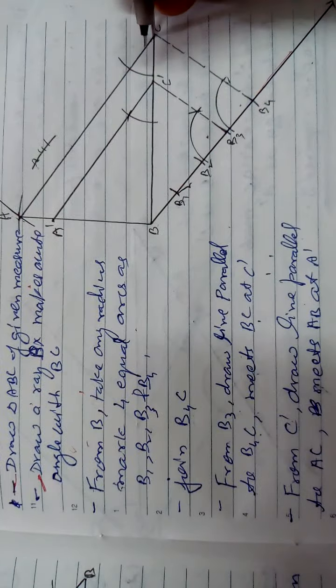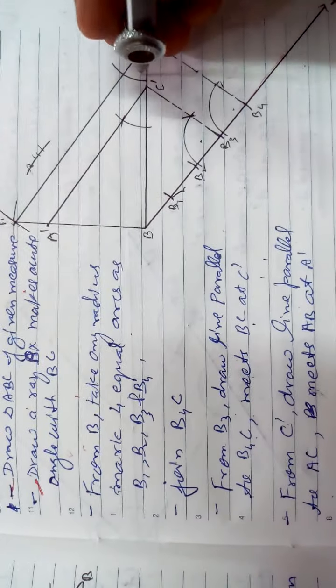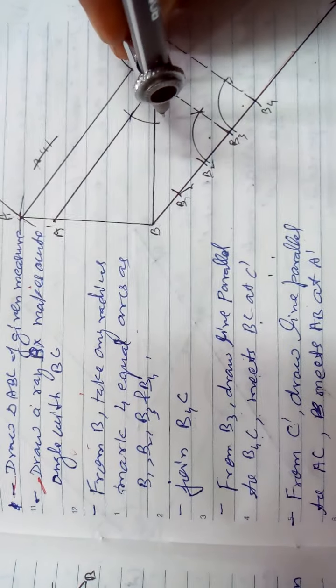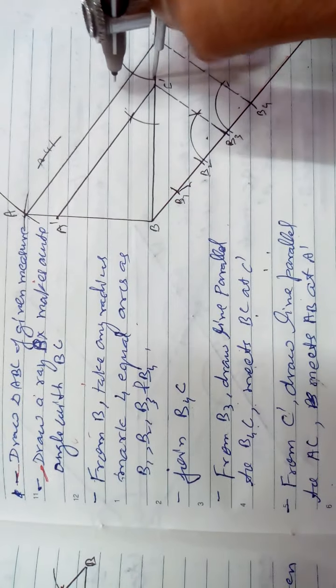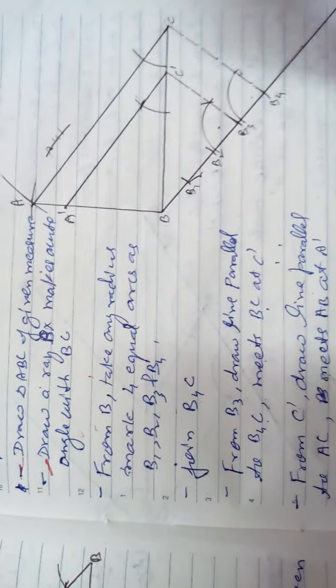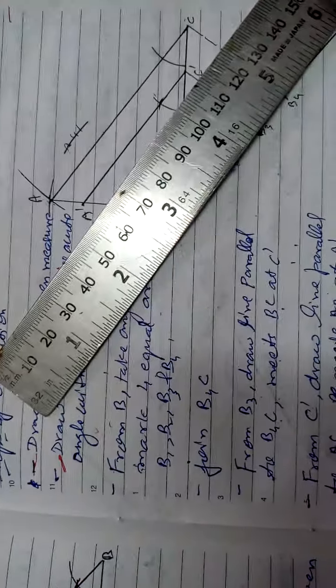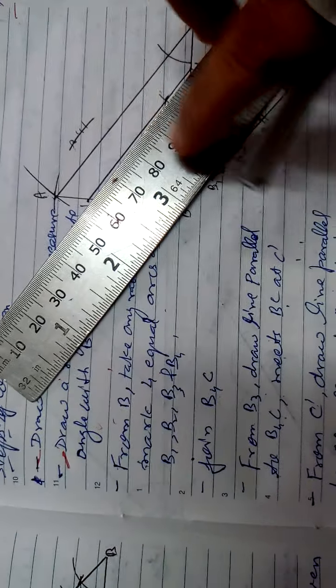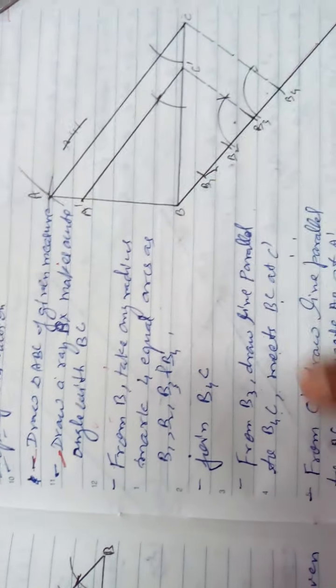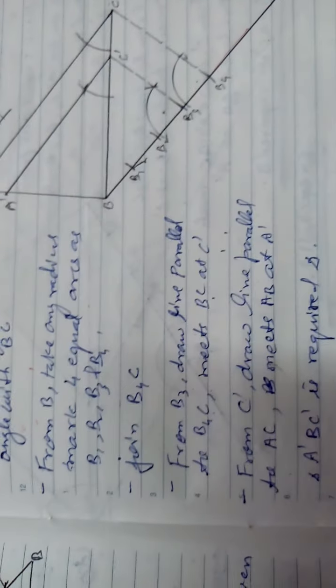Same process, drawing the equal angle: take this arc, from here mark the same radius, measure this angle, and then cut from here, and by cutting you join like this, and check also whether it is parallel or not. Where it meets is your A dash. Triangle A dash B C dash is your required triangle. It is your result. What is this called? It is called the result.